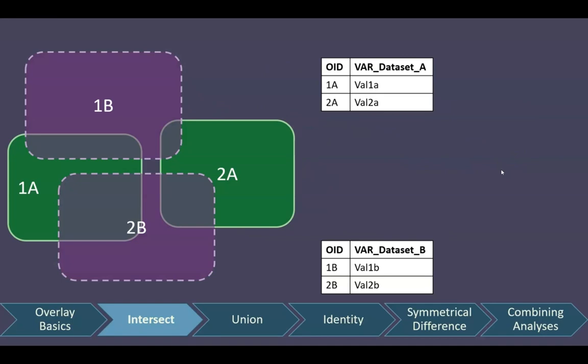Let's take a look at a slightly more clean example. Here we have two data sets, the A data set in green and the B data set in this purple dashed outline. And we have two different attribute tables, the A attribute table with its variable and the B attribute table with its attribute. If we were to run Intersect on this, the pieces we care about are only the pieces where they overlap. So that's going to be these four areas that I'm highlighting in red here.